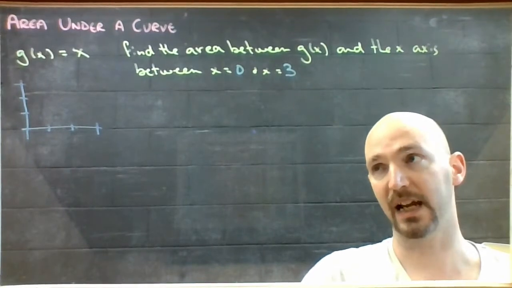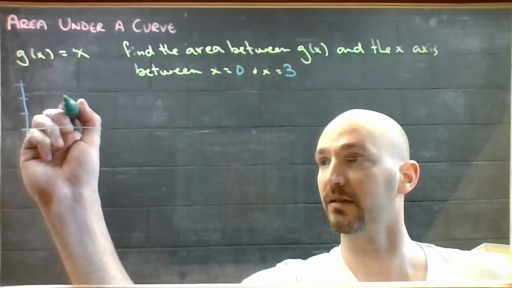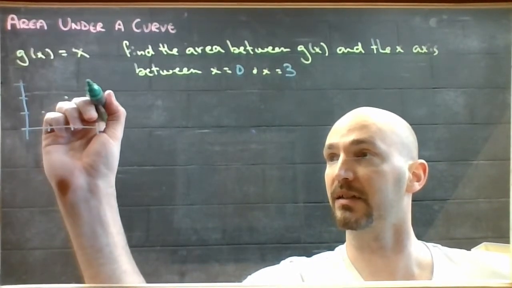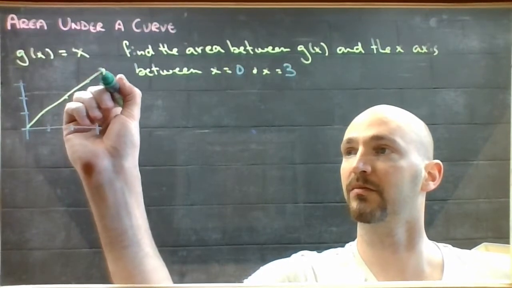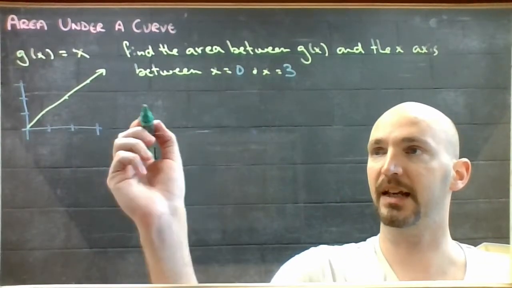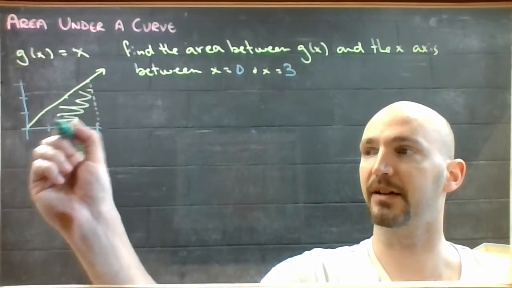So if I sketch y equals x, that's just a straight line with a slope of 1. So it's something like this. And I'm trying to find the area between 0 and 3. So I want this area.